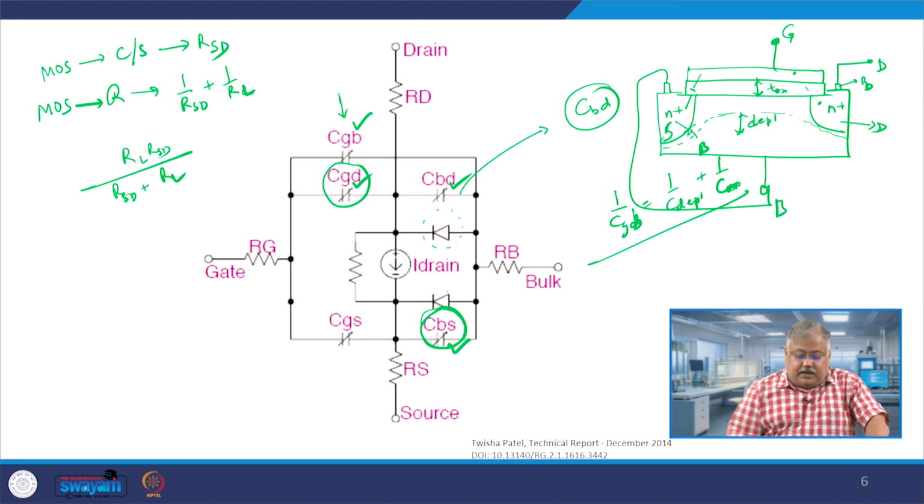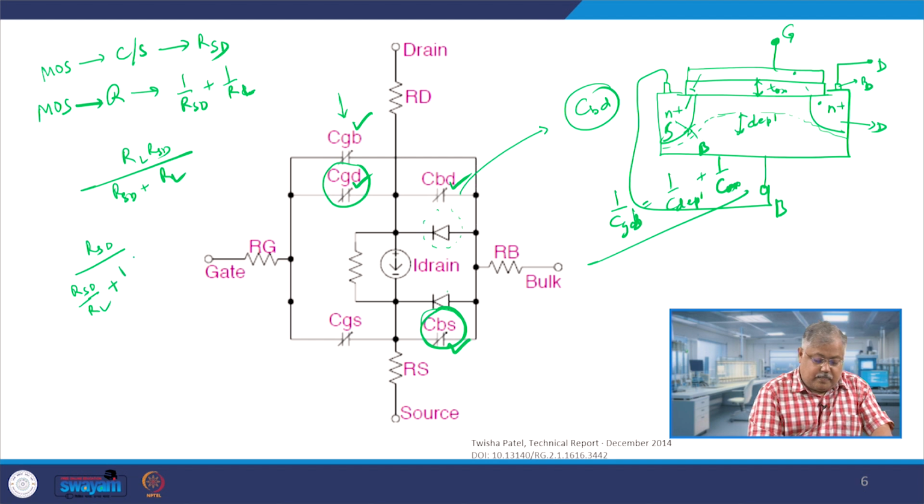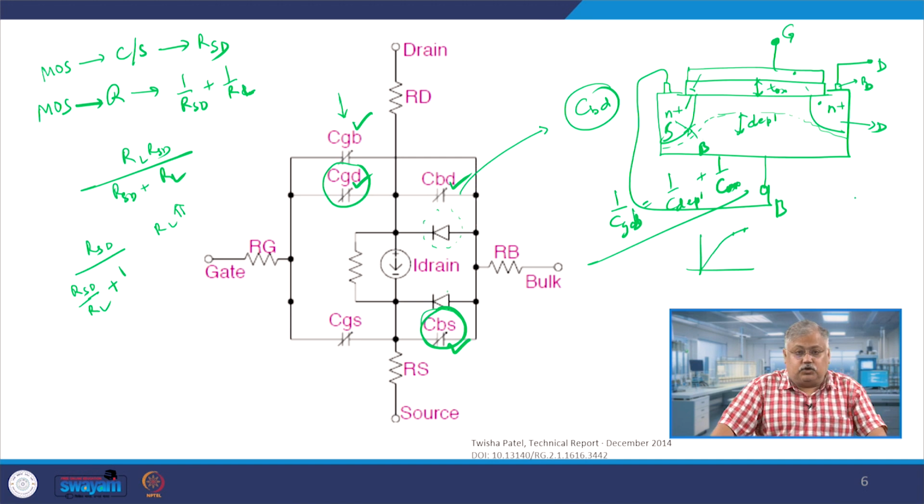Now, if you divide this numerator and denominator by RL, then I get RSD divided by RSD by RL plus 1. So, as you can see here, as the value of RL starts to increase, which means you are going from linear region to the non-linear region somewhere here, then the resistance offered goes on increasing.